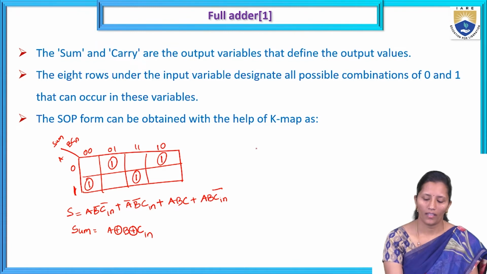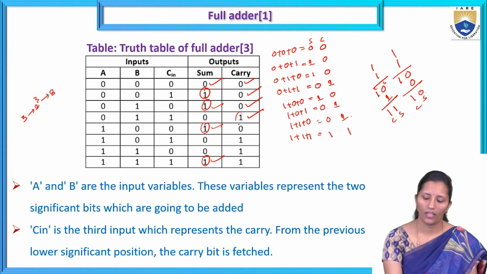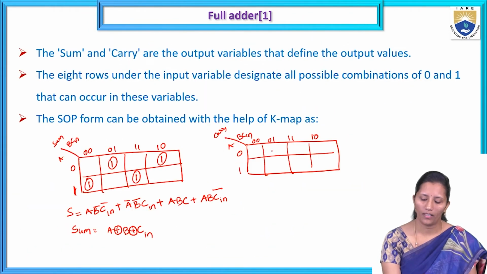Okay. And carry, if we go for carry, okay, carry. A, B, C in 0 0, 0 1, 1 1, 1 0. Okay. So where we are going to get 1, we have to note down those values and mark those ones here.